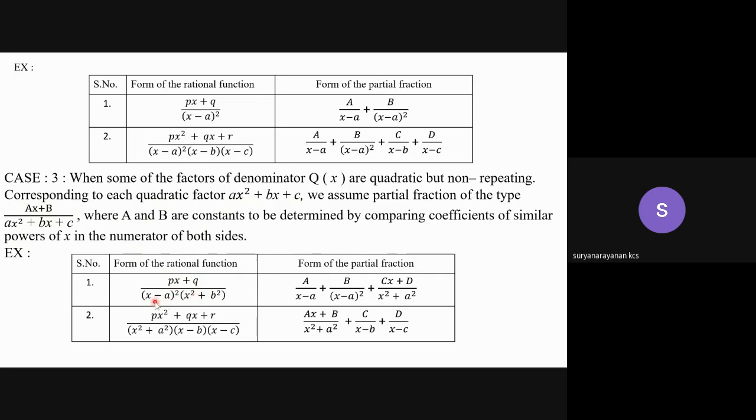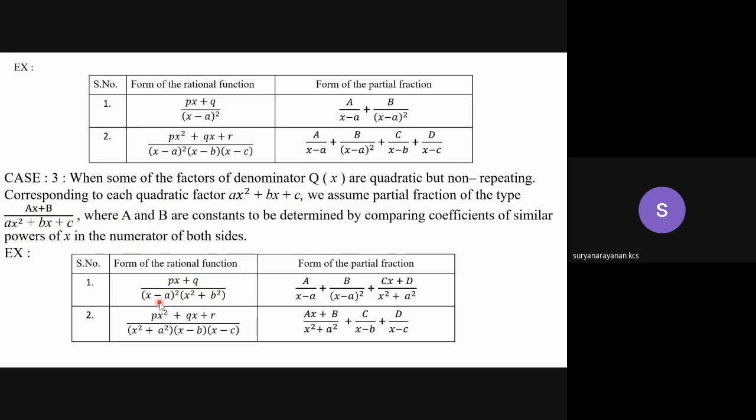Observe the denominator. I told you previously, when you are going to write partial fractions for any proper rational function, observe the denominator. In the denominator, if you observe this one, (x minus a) whole square, this is called a repeated linear factor.